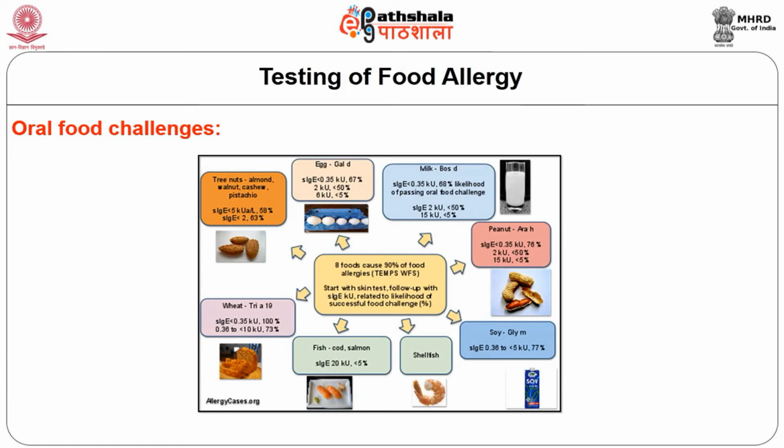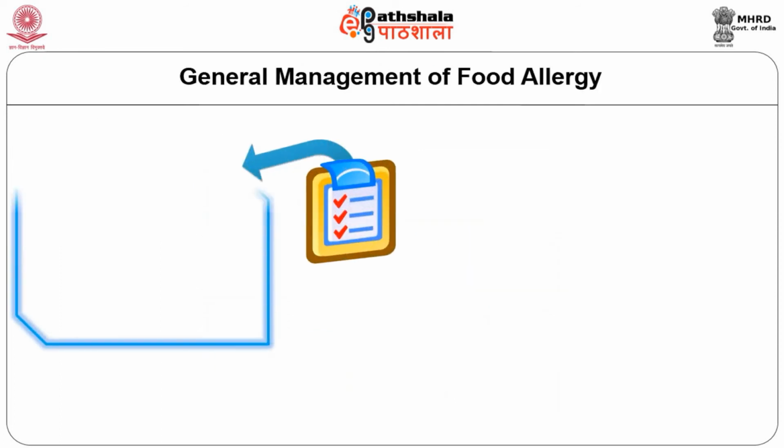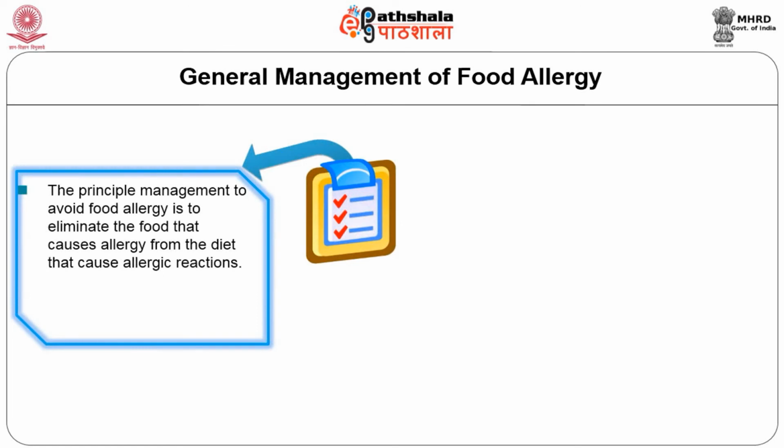Having looked at the foods causing allergy and their symptoms and the test methods, let us now investigate how it can be avoided or how it can be managed without any pain for the susceptible people. The principal management to avoid food allergy is to eliminate the food that causes allergic reactions from the diet.